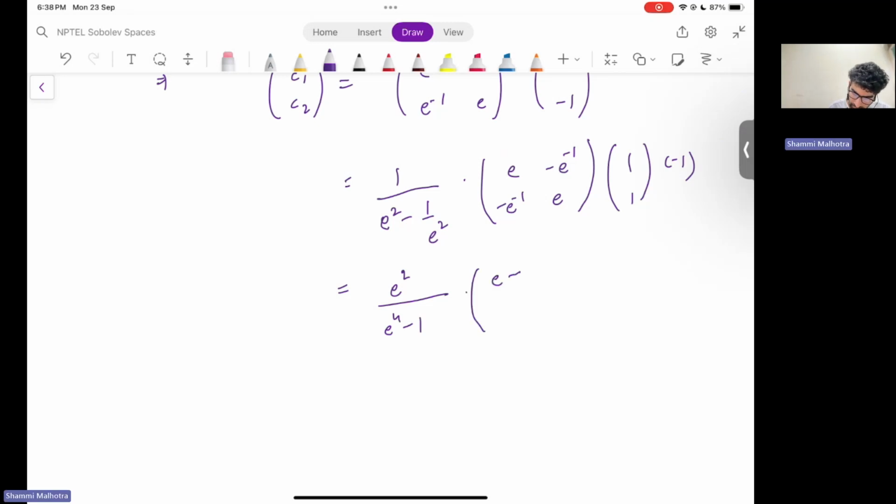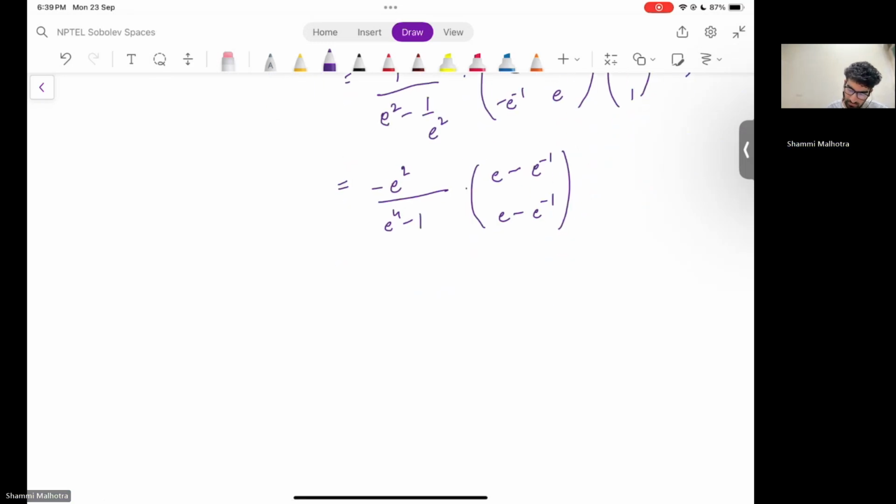So this is e minus e raised to the power of minus 1, and again the same thing, e minus e raised to the power minus 1. Both are the same quantity. So this is nothing but minus e square minus 1 over e square plus 1 times e square minus 1.